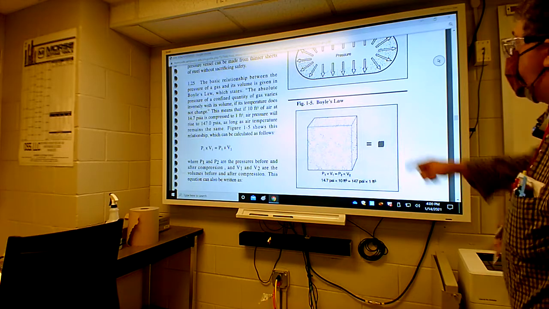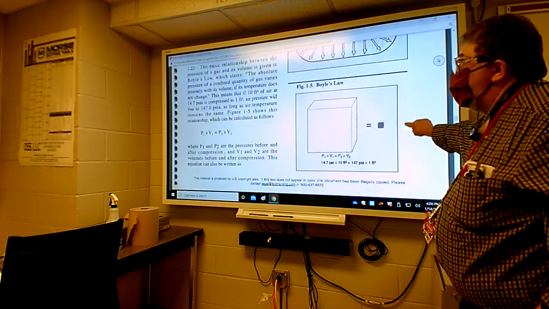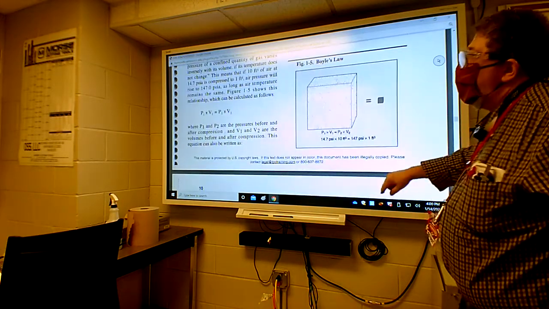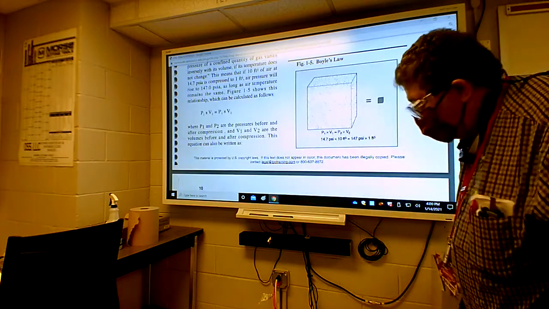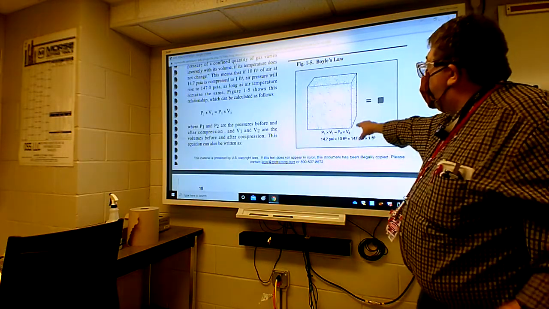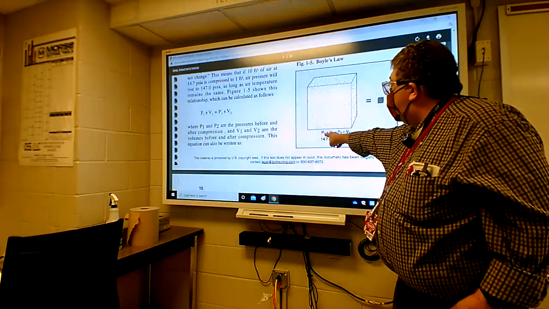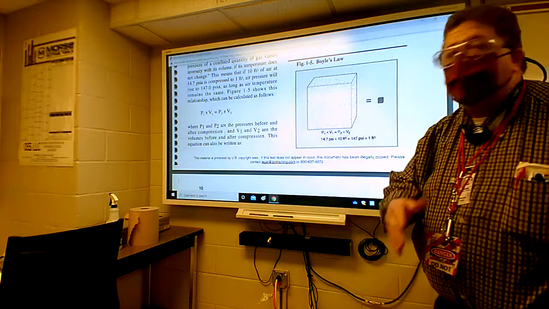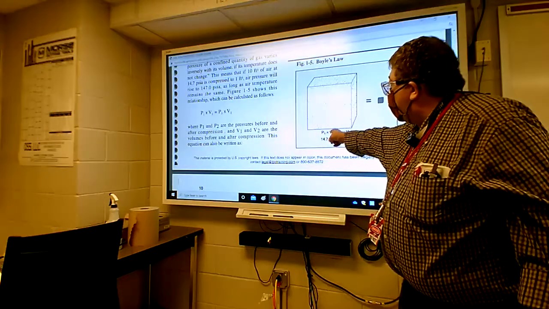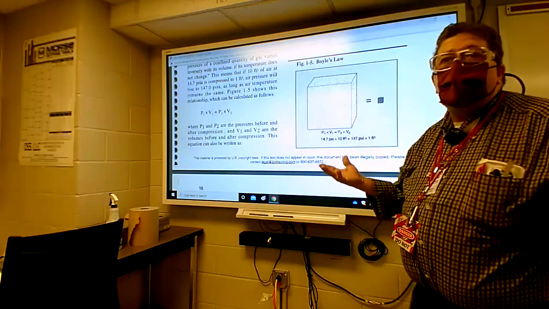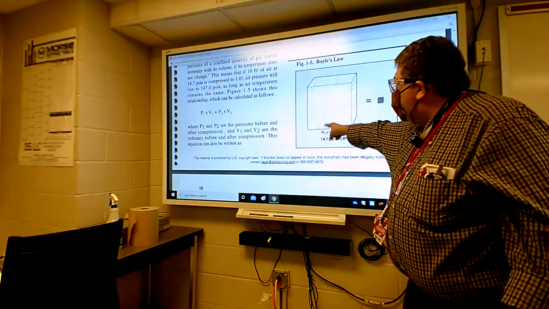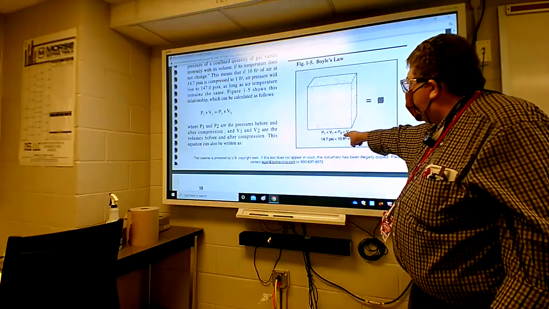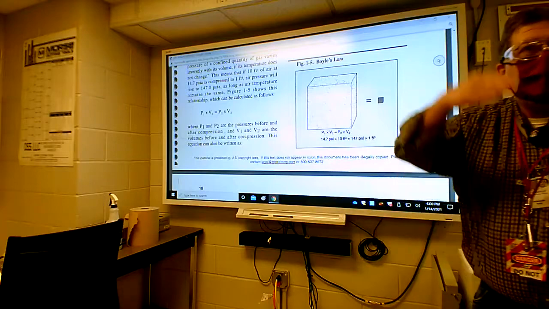Okay, so your first equation is this: if you've got a container, pressure one would be the beginning pressure of that container. If you take that pressure times the volume, in cubic feet or inches, whatever, that equals the pressure times the volume when you change the volume.